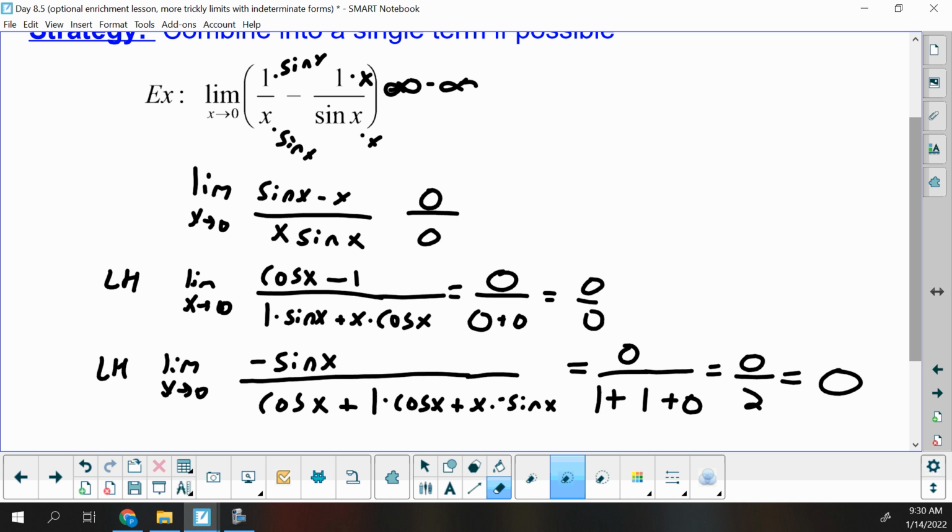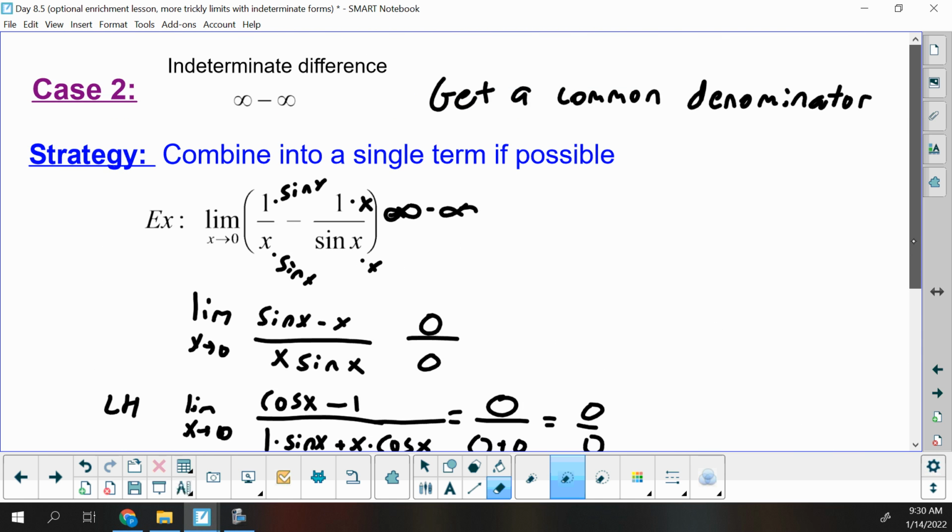And let's think about why it makes sense that it did end up this way. 1 over x and 1 over sine x, they both approach 0 at similar rates. And we know that from our limit as x approaches 0 of sine x over x is equal to 1.